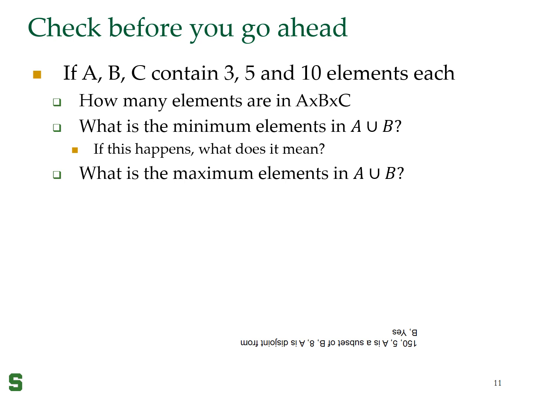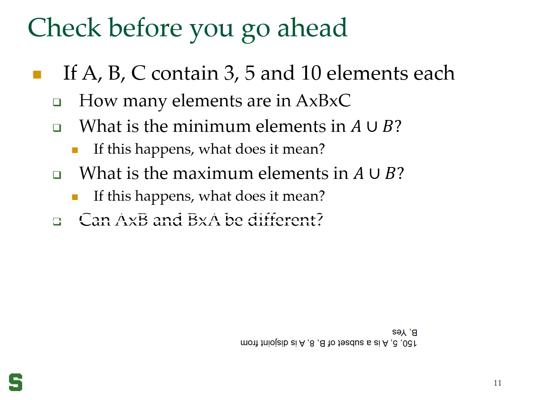What is the maximum size of A union B, and when does that happen? Can A cross B and B cross A be different? You should be able to answer questions of this sort. The answers are provided at the bottom of the slide. Be sure to check if your answers match with what is expected.